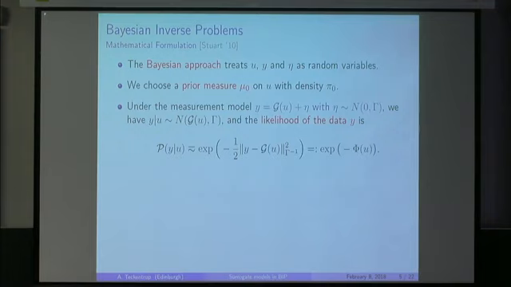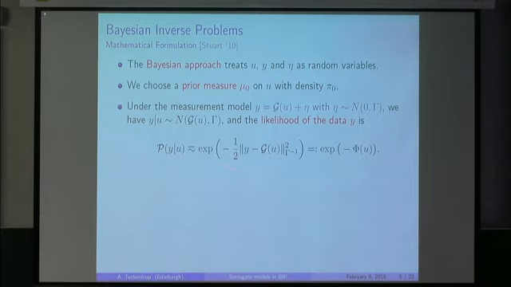If we then look at the random variable y conditioned on u, if we fix u in this expression, then this is just a constant, this is a normal, and so y is also a normal random variable, where the mean is now g of u, and the covariance structure is the same as the covariance structure of eta. Because y given u is just this multivariate normal distribution, the density of y given u is proportional to this term here.